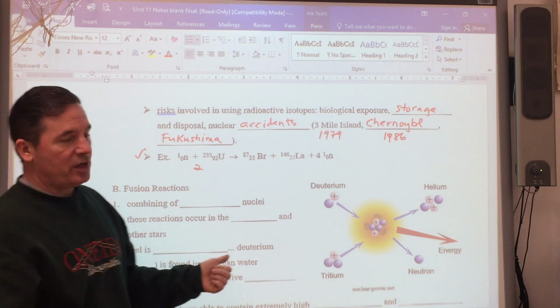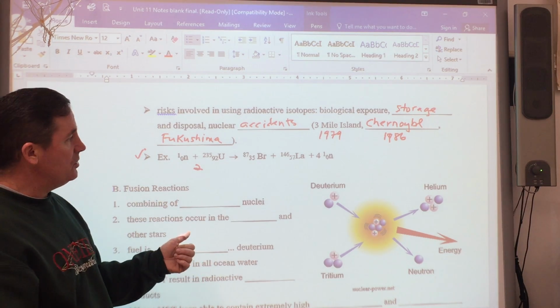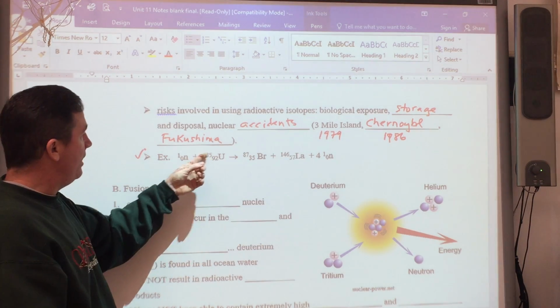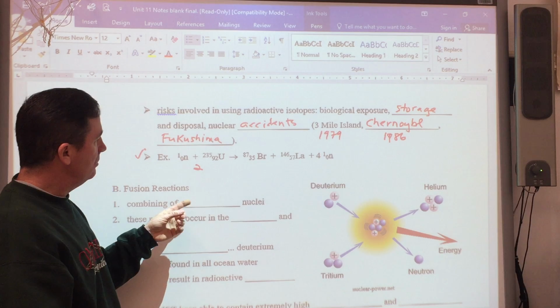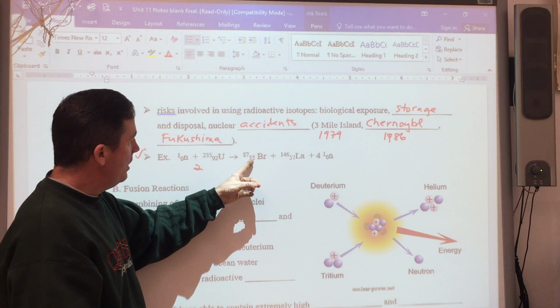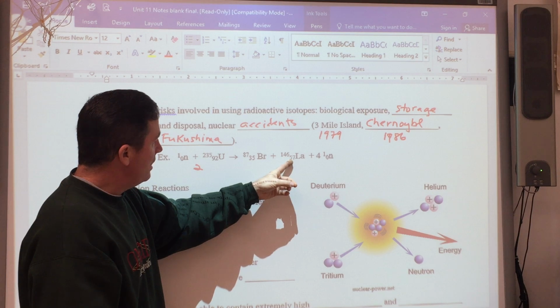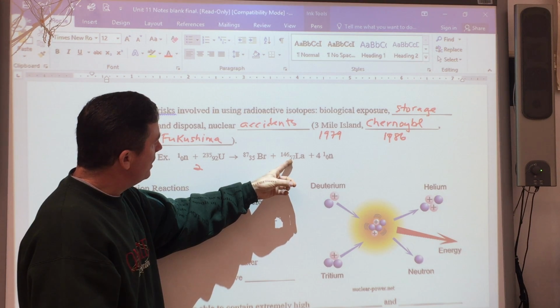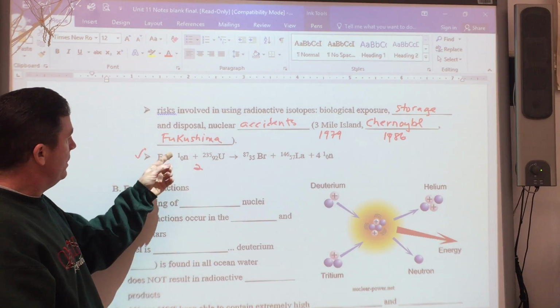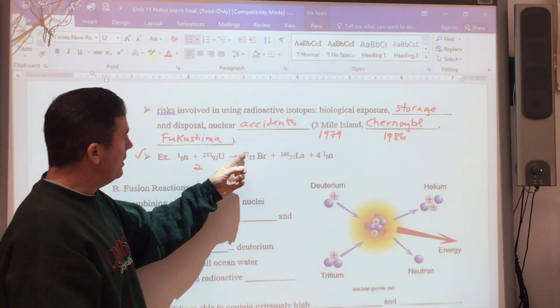Now, what was true with the other nuclear reactions, the natural ones, these numbers here still have to add up to these numbers. Okay, so 92 has to be my total on the bottom. 35, that's 35 is 80, that's 92, and then 0. So 92 works. I still have to balance this, 236.